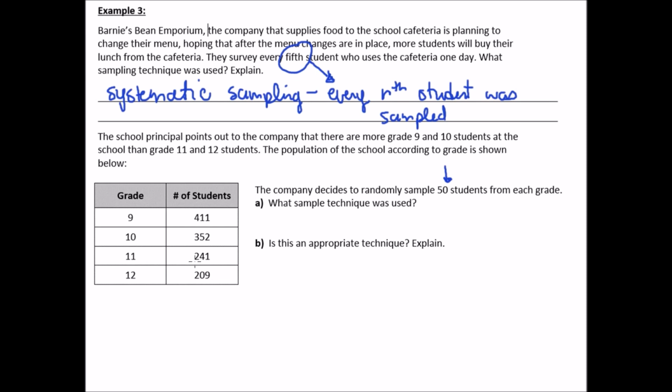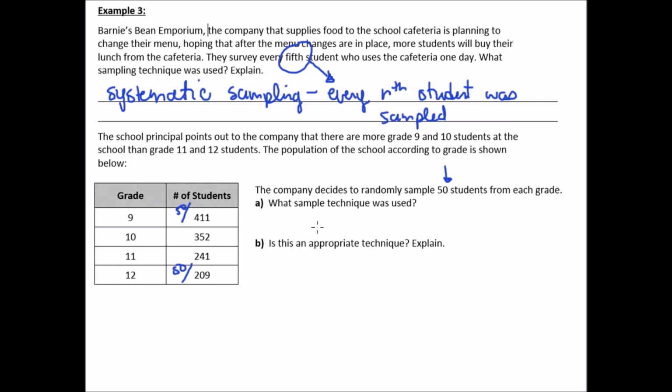However, the proportions would be off because 50 students out of 411 is much smaller than 50 students out of 209, right? So this is actually a combination of maybe like a cluster sample and a simple random sample.